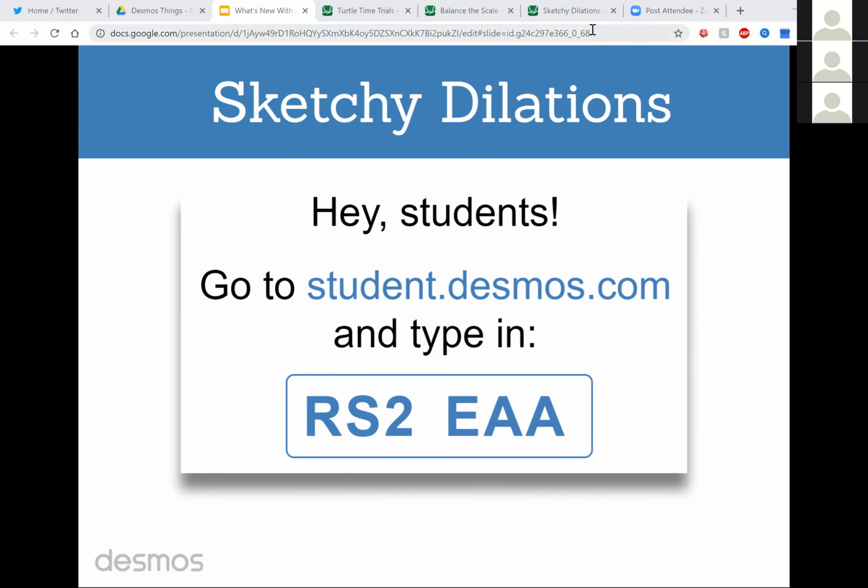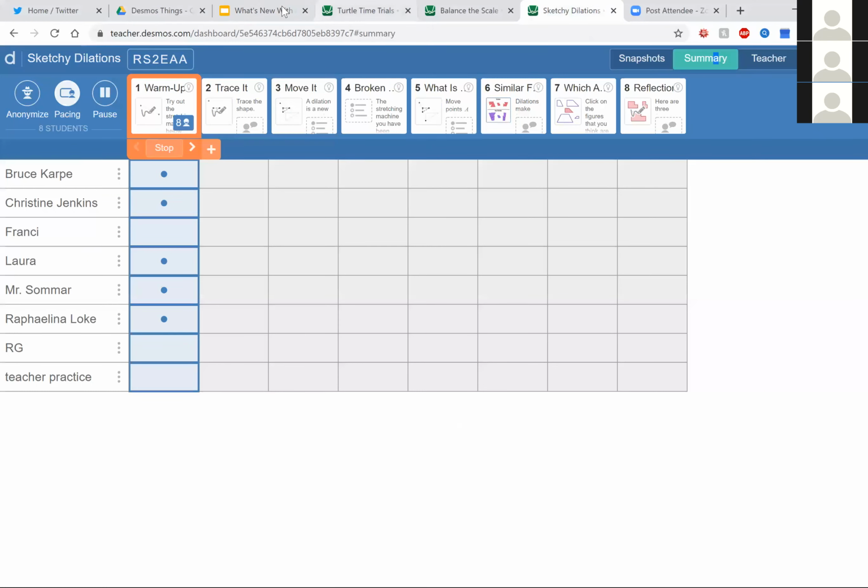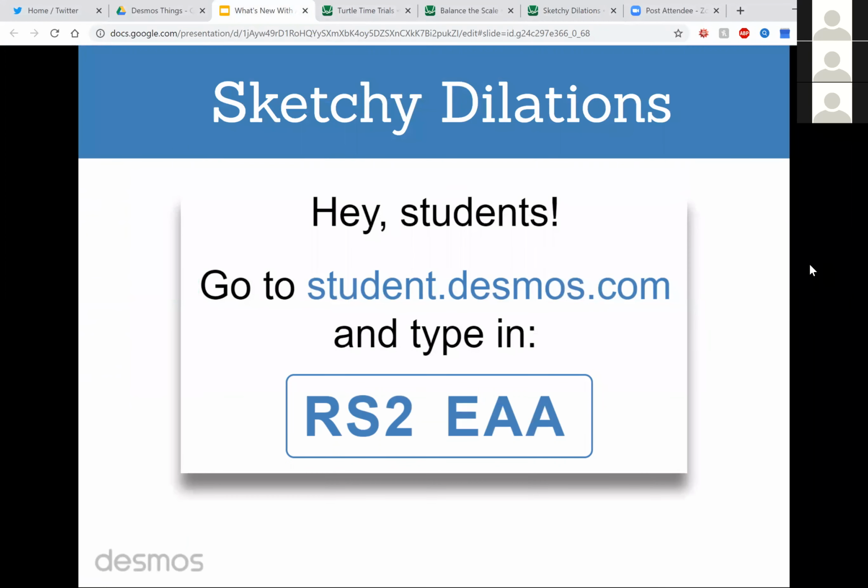One last activity for tonight. Bring that code back.